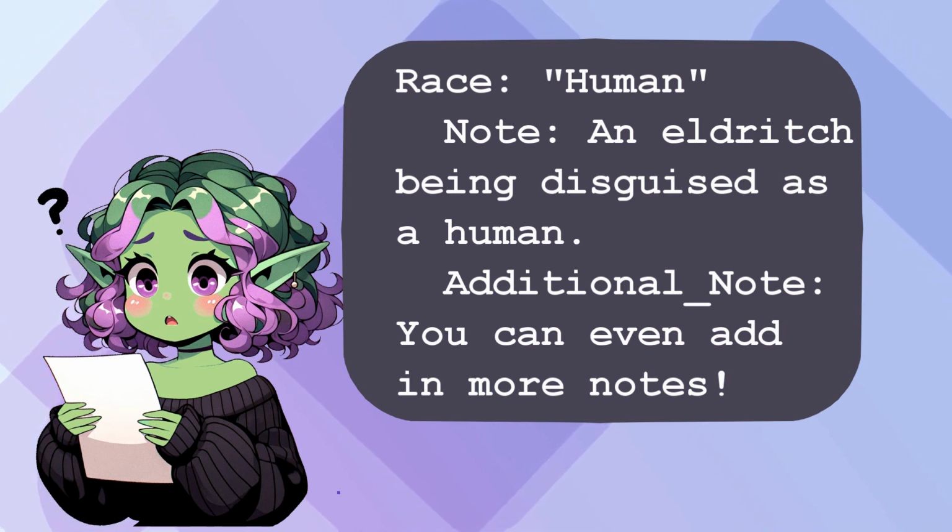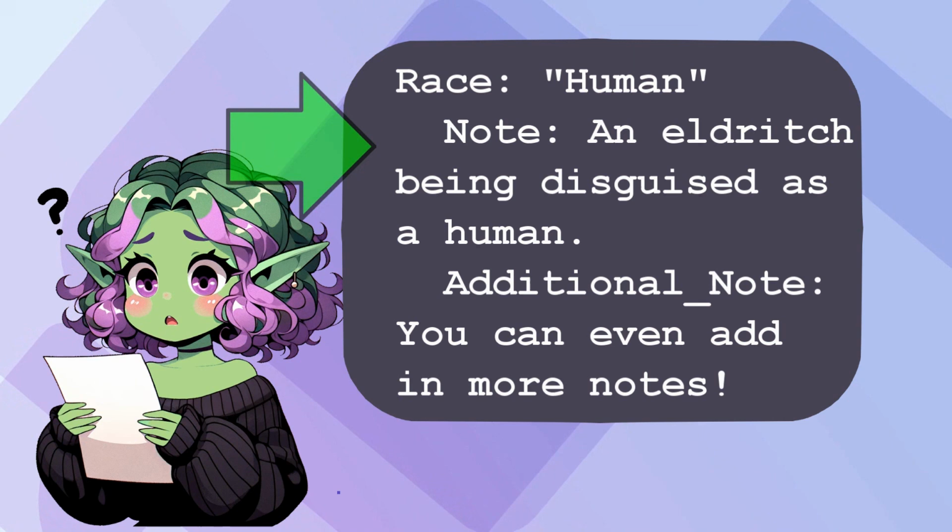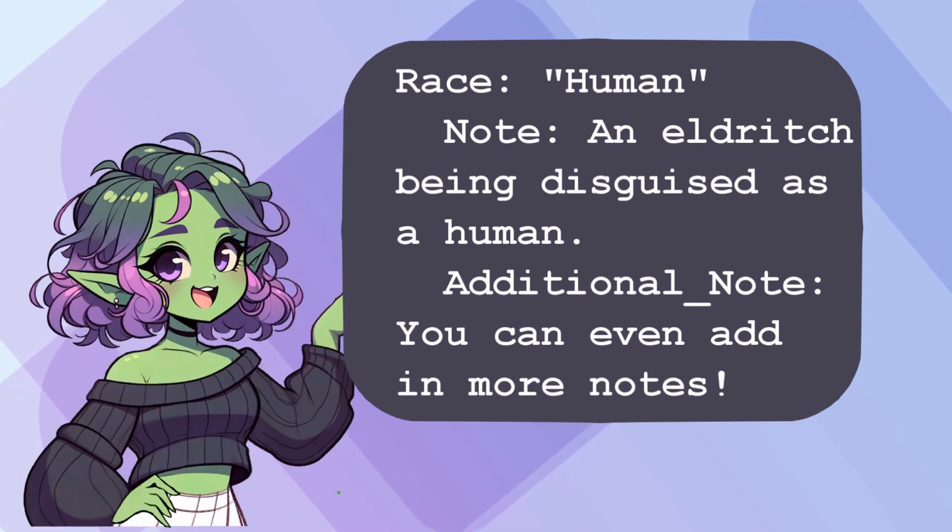The next line, with an indentation, should read note, disguised as a human, but truly a cosmic entity. Here, the note variable is left in plain text without quotation marks, ensuring the AI interprets it loosely rather than quoting it directly.